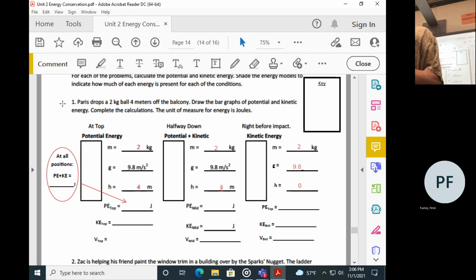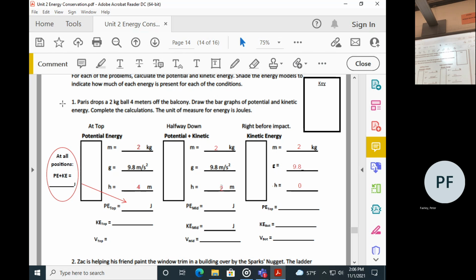Can you fill in PE and KE for the bottom by yourself? What do we know? At all positions, it's this, correct? What percent of it is PE when it hits the ground? Now it says top, that should say bottom right there, I think, huh?